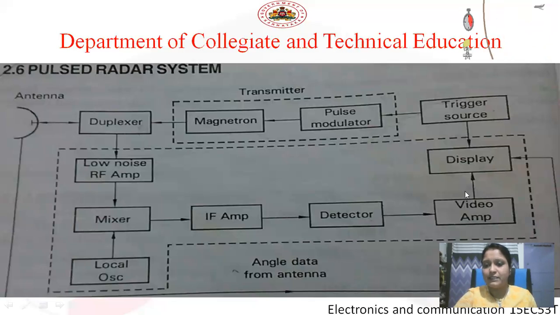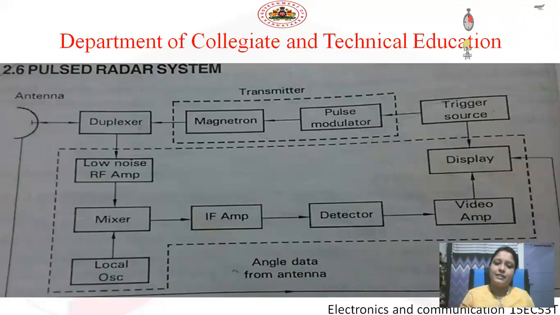This whole thing inside the dotted line represents the receiver section. This is the transmitter section, and this duplexer and this antenna are the antenna section, and this is the trigger source. Therefore, the whole thing we can divide into transmitter section, receiver section, antenna section, and the trigger source.